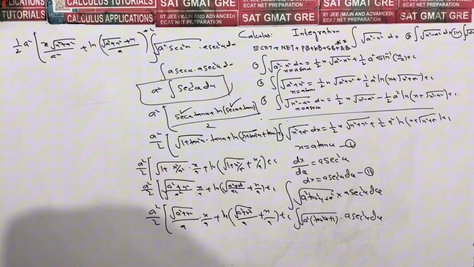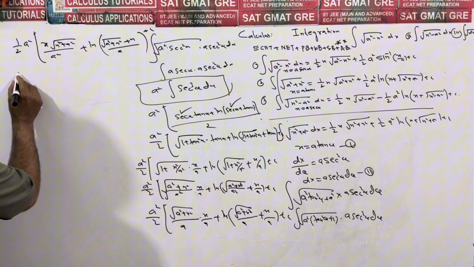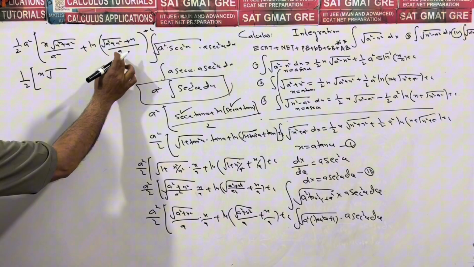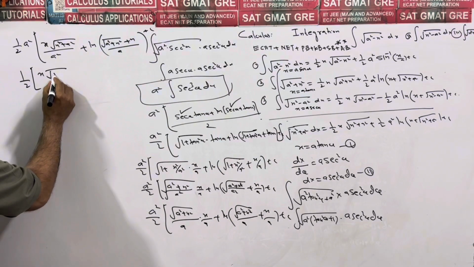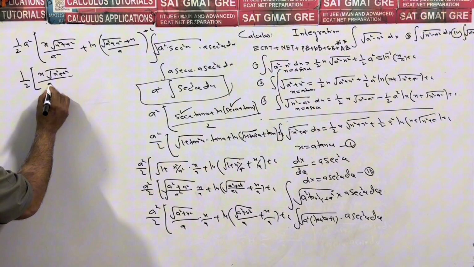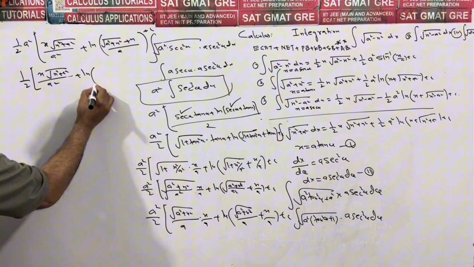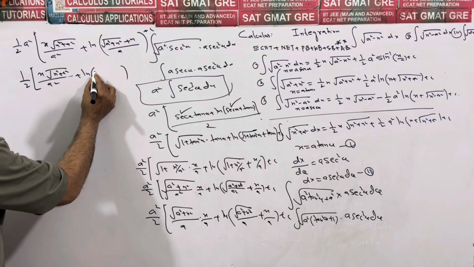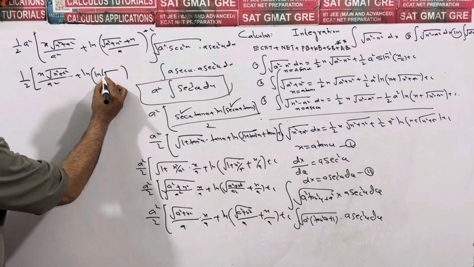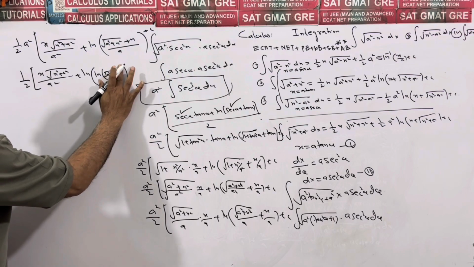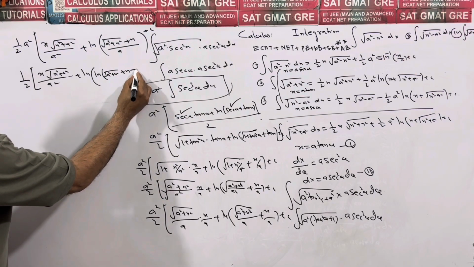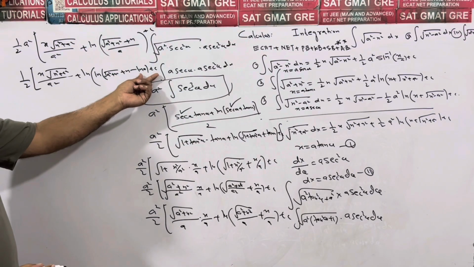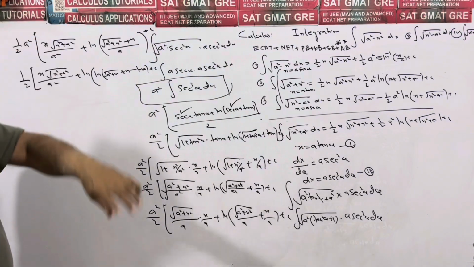Okay, cool. Multiply 1 upon 2 a throughout, and we are going to prove this identity. Okay, hang on. Utilizing the log property, this denominator can be written as ln of root of a square plus x square plus x, minus ln a, plus c, minus ln a. It is a constant, another constant.